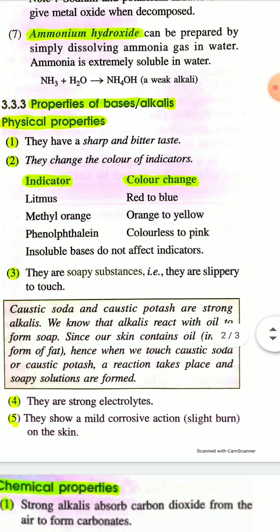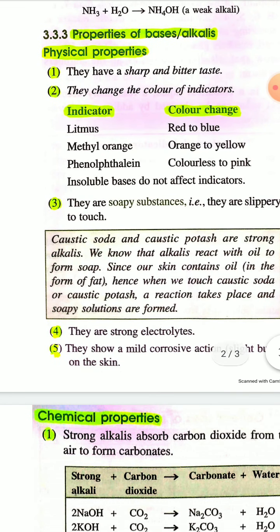Now, physical and chemical properties of bases or alkalis. First, physical properties of bases or alkalis. You know that alkalis are soluble bases. The first physical property is that bases have a sharp and bitter taste.